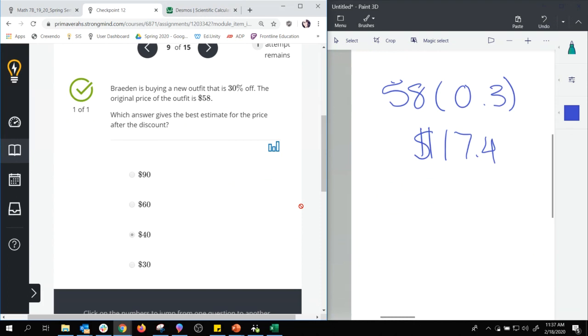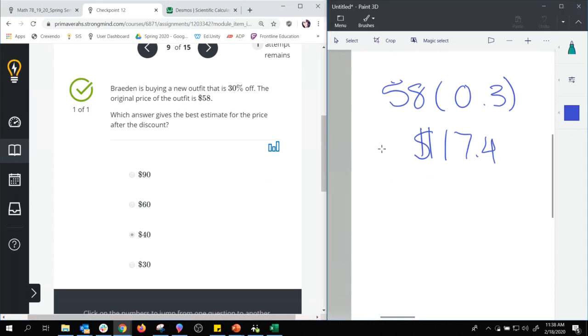So 17.4 is not how much money he pays. When we find 30%, essentially what we're doing is finding 30% of this 58, right? So $17.40 is how much money is being taken off of his original price.